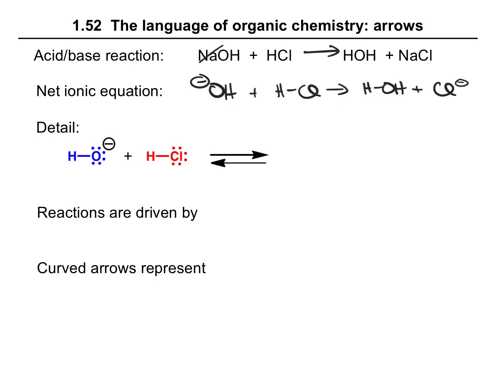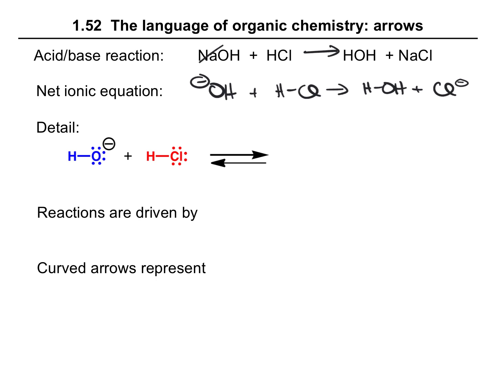Now, if we look at this reaction in a little more detail, what we want to focus on is how this reaction actually occurs. So notice we're starting out with hydroxide and we're ending up with the hydroxide connected to a hydrogen, and so that hydrogen must be this hydrogen. This pair of electrons remains on the chlorine as an additional lone pair. So how does that happen?